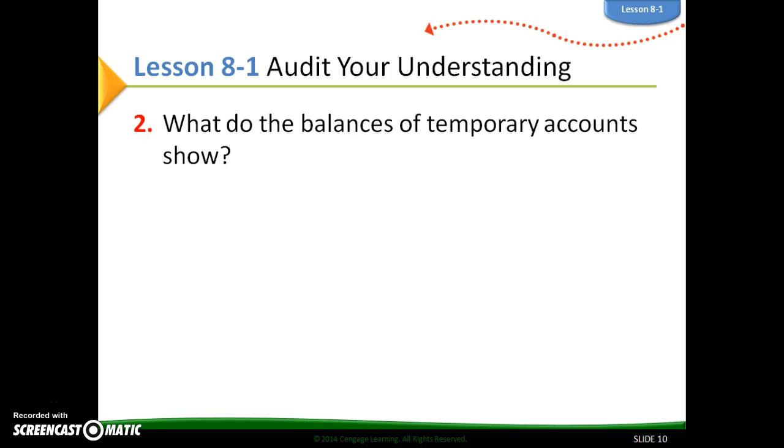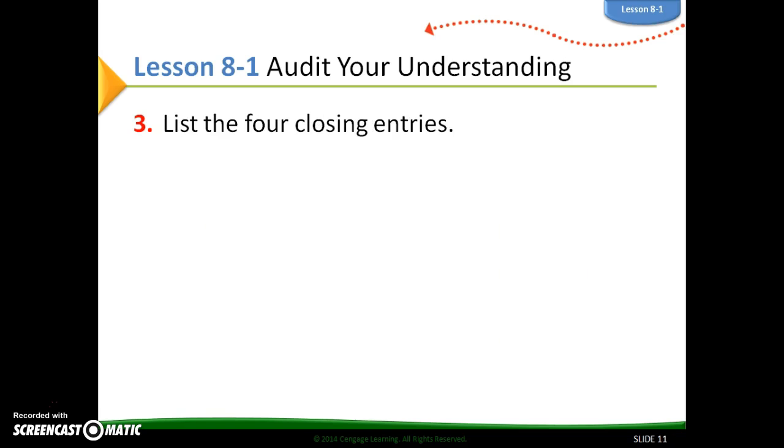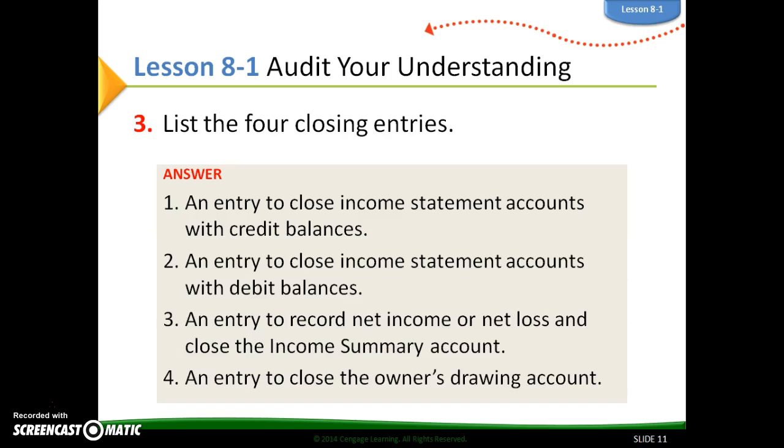And remember what it is we need to do with all temporary accounts at the end of the fiscal cycle. So changes to the owner's capital account for a single fiscal period. So the balances in the temporary accounts are what we use to figure out what's going on with the owner's capital.